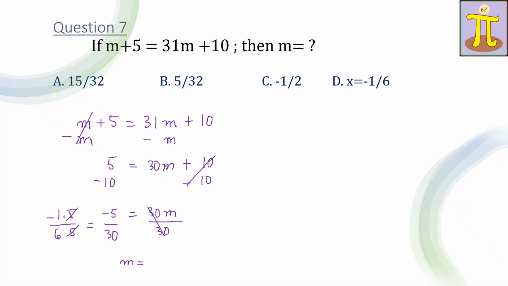You can cancel the common factor and reduce it to the same ratio. So we have negative 1 over 6. M is equal to negative 1 over 6. And I think this is a typo for x equals negative 1 over 6. It should be m, or should be just the number in this case.